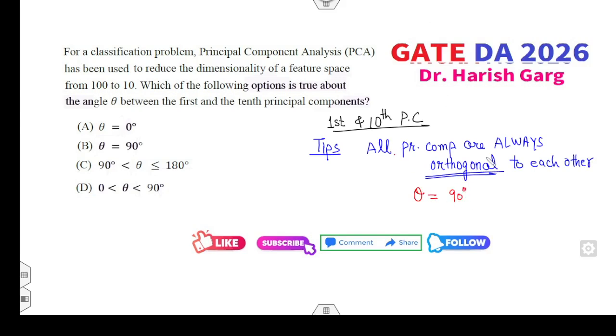Whether it is the first or the second, the angle between the first and the second principal component is 90 degrees, the angle between the first and the third principal component is 90 degrees, the angle between the fourth and the fifth principal component is 90 degrees. So that means the right answer is B.